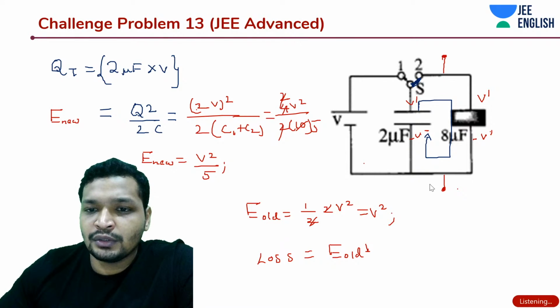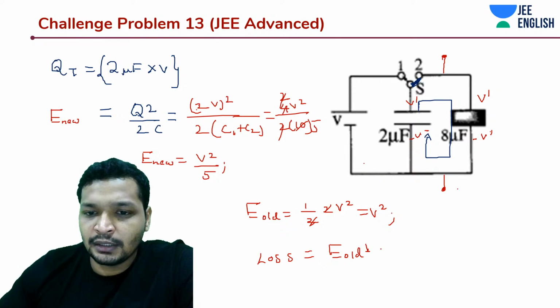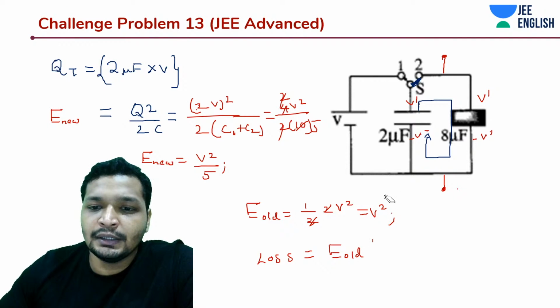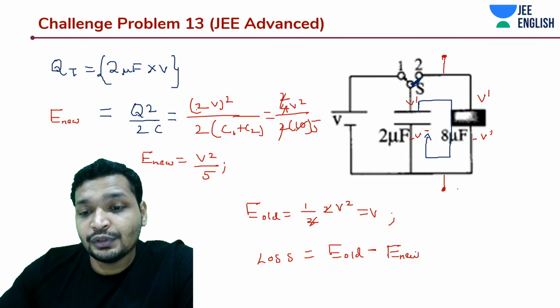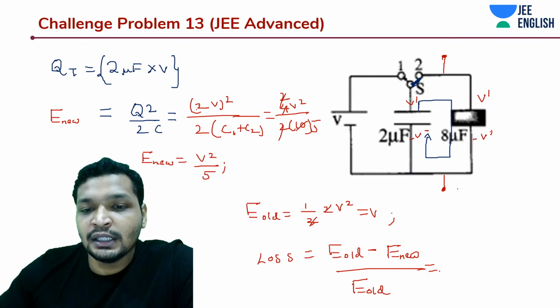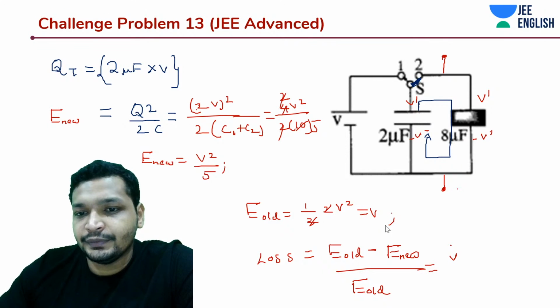And now let's do a thing. E old. Yes. They are actually in parallel, right? They are not connected across the battery. I'm really very sorry, guys. So E new divided by E old. How much is that? So just forget the V square.